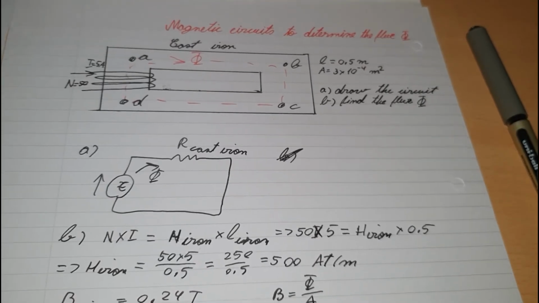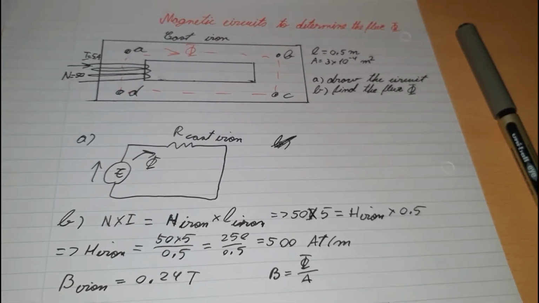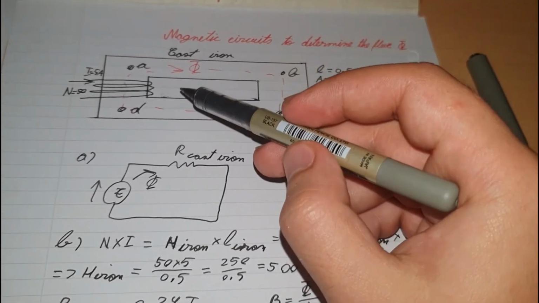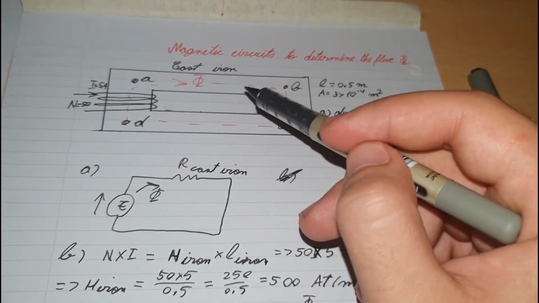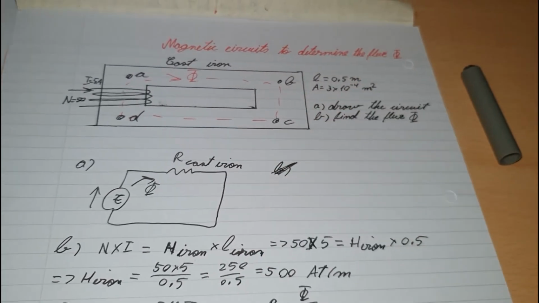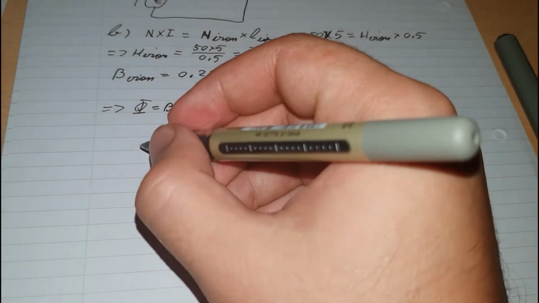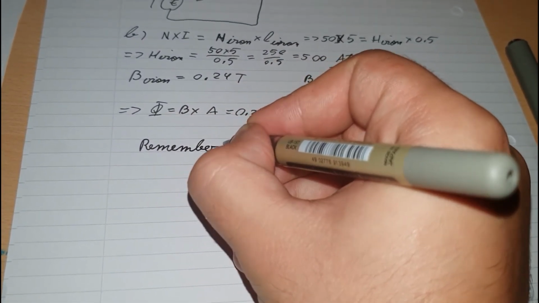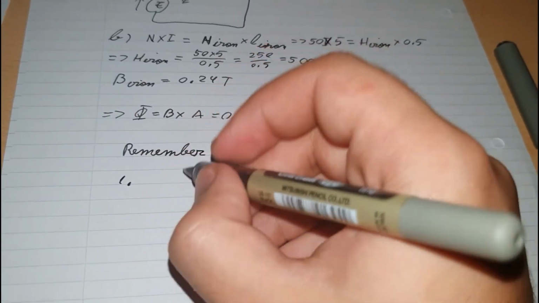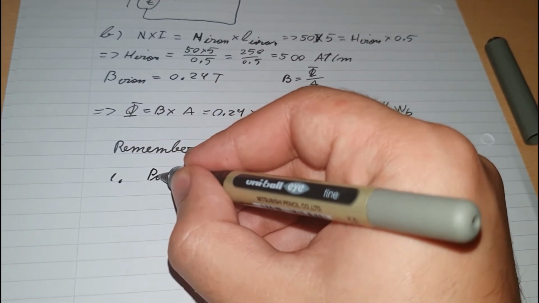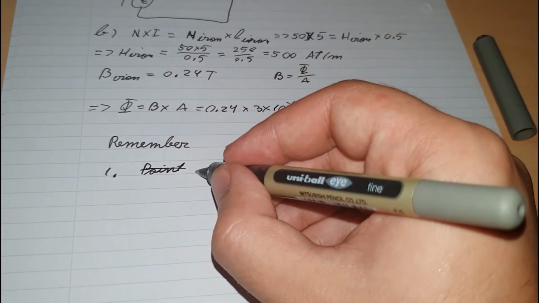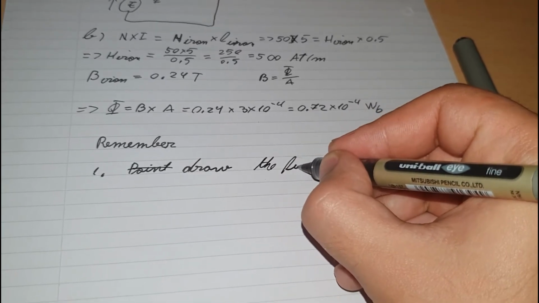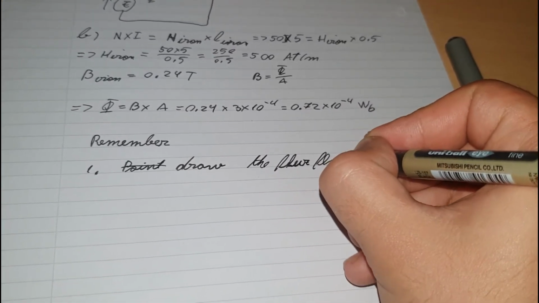Okay, any last words about it? Well, just try to remember our steps, which is first to calculate the direction of the, let's actually write it down, why not? So remember these steps. First, draw the flux flow.